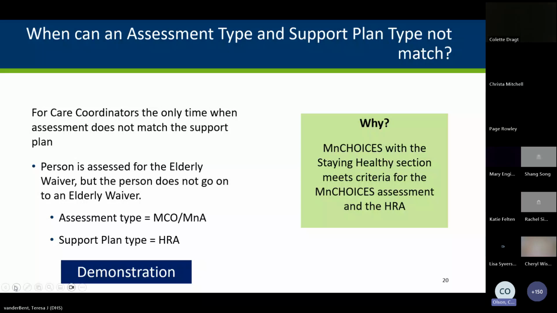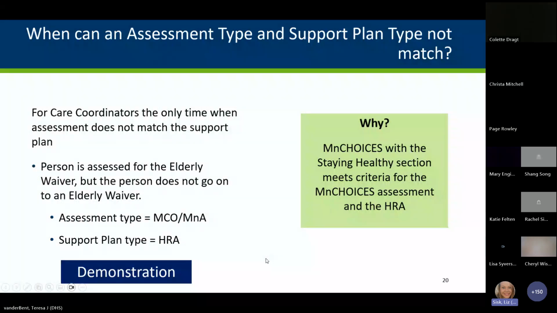And why is that? The MnCHOICES with the Staying Healthy section meets the criteria for the MnCHOICES assessment and the HRA. I'm just going to call out here real quick, Chelsea, that this is not working perfectly. This is our best solution to this use case, and we are working on operationalizing this.